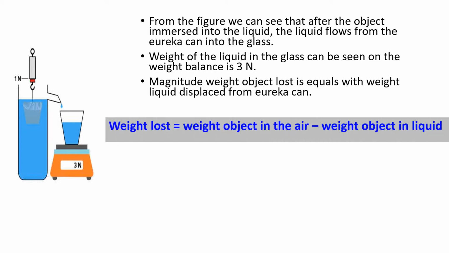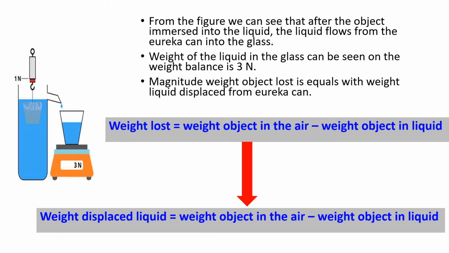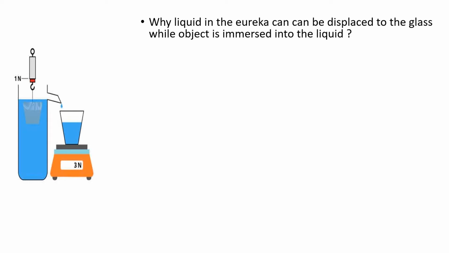So the formula weight loss equals weight of object in the air minus weight of object in liquid can be substituted with: weight of displaced liquid equals weight of object in the air minus weight of object in the liquid.